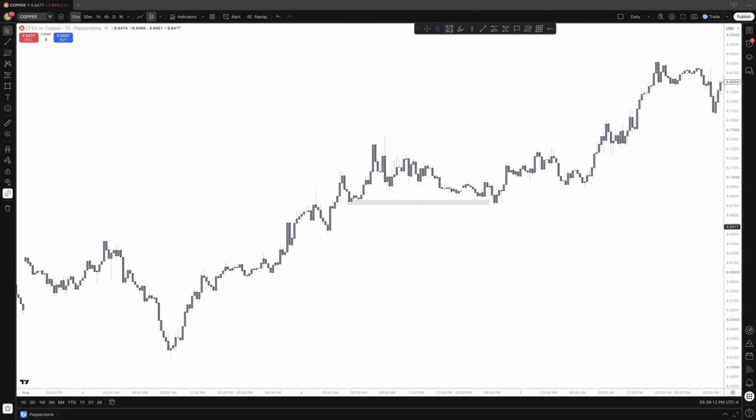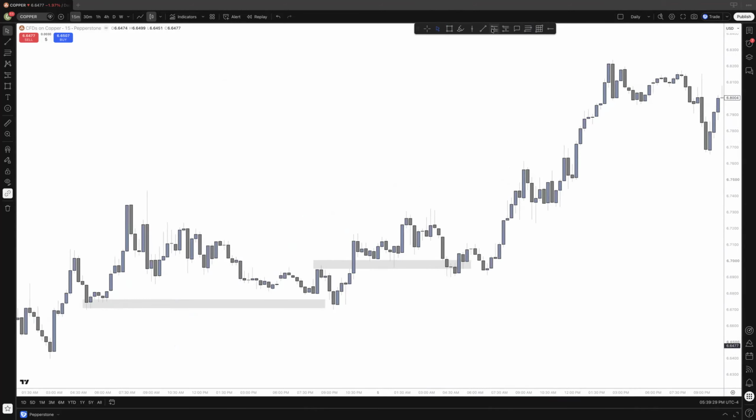You have a break of structure, or what we would call an indication. Indication, correction, and now you're looking for the continuation. So the moment price pops back out here, we should be looking for entry.